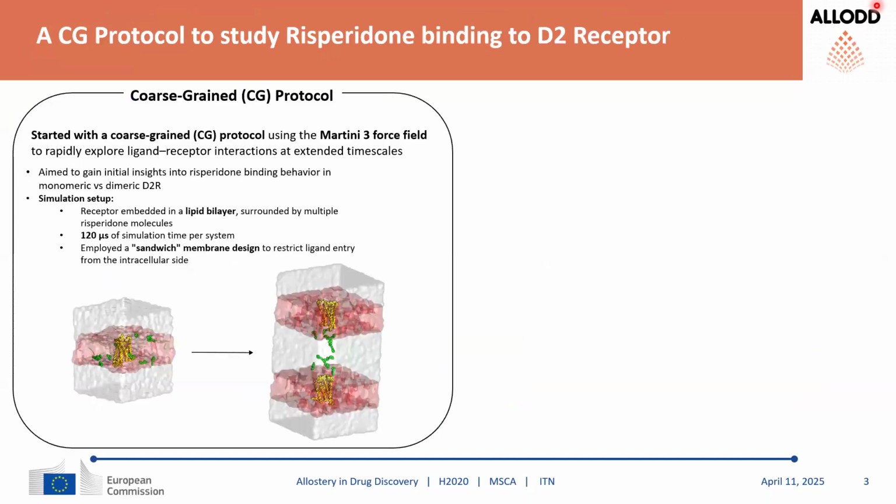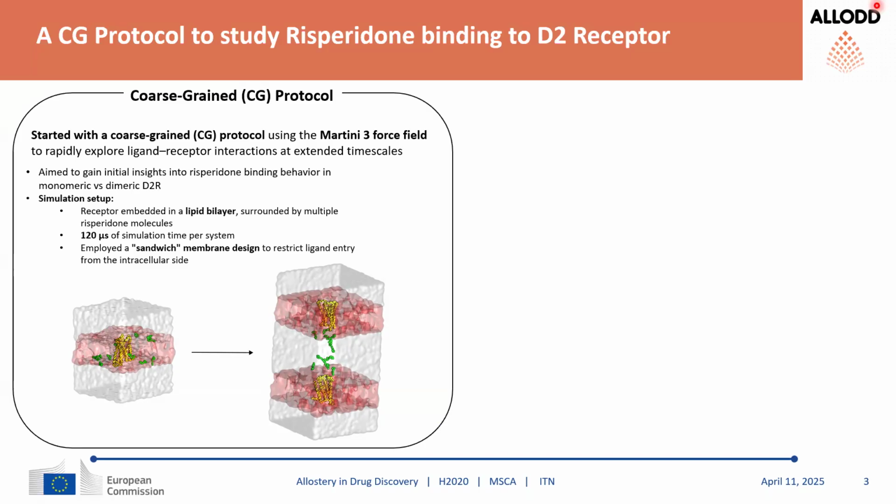Initially, we wanted to get some fast insights on this system. So we decided to use coarse-grained simulations using the Martini force field, in the same spirit of what we have seen in the last few days, also what Barbina showed yesterday, where you embed your system in a membrane and then let the system evolve for very long time scales.